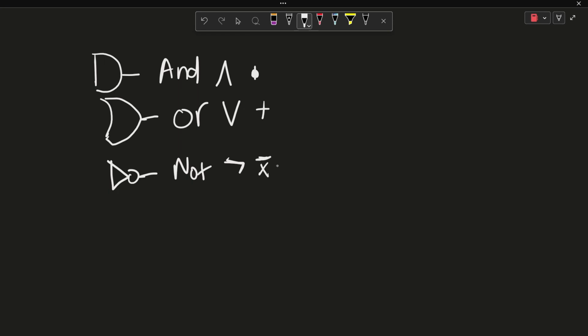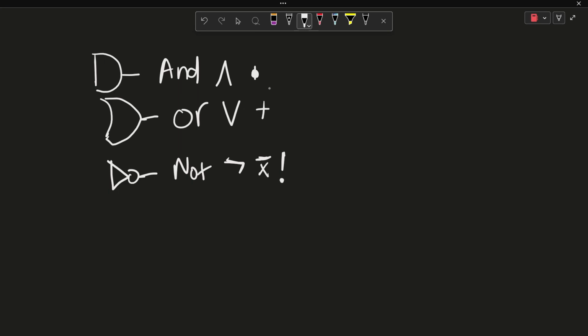Of course, sometimes they also write it as the exclamation mark in front, but that's coding wise. It depends on which language it is, syntax wise.